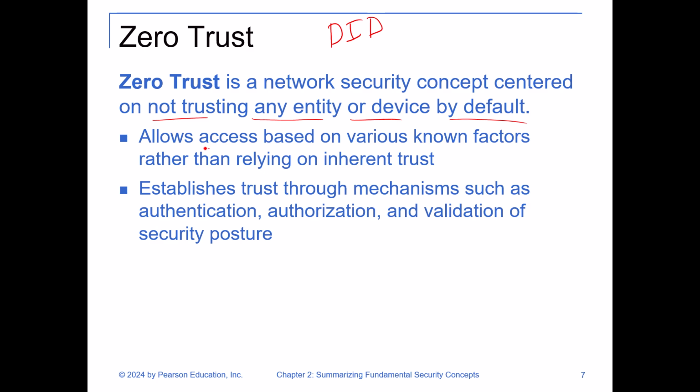This allows access based on various known factors rather than relying on blanket inherent trust. We do this through establishing trust through a mechanism like AAA: authentication, authorization, availability, and validation of our security posture. But this is all built upon authentication. We have to have a way to identify you.